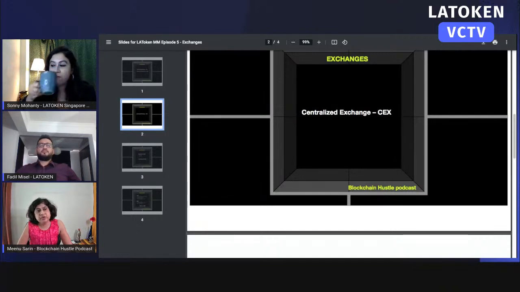Then comes something we call a counterparty risk concern. When you're depositing your assets, your crypto or a fiat, into your centralized exchange, you're actually entrusting a centralized entity, the centralized exchange in this particular case, with your funds.